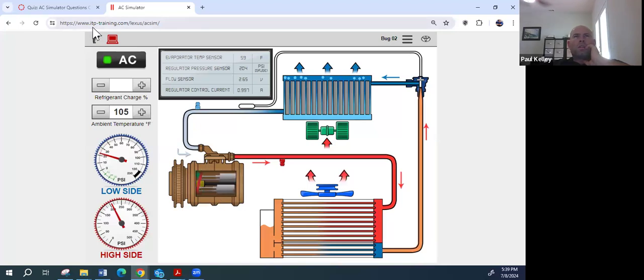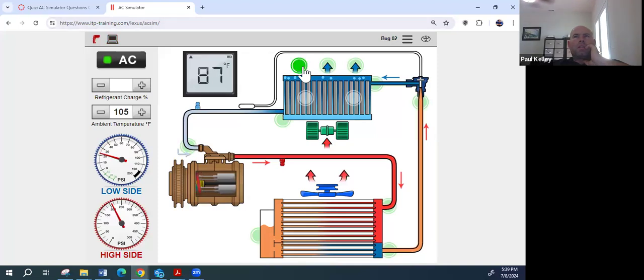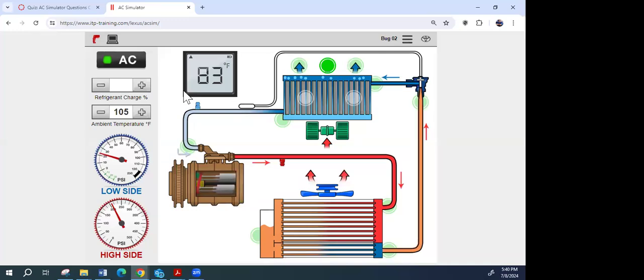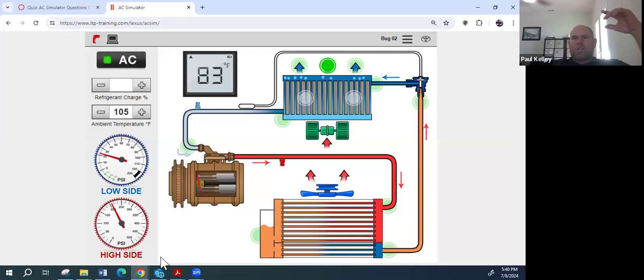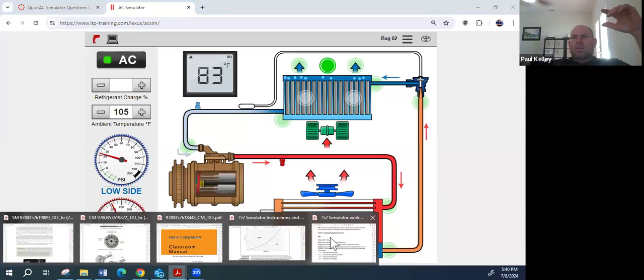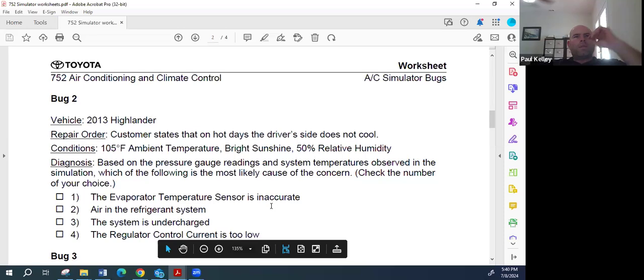Compressor runs. Performance test. Yeah, but it's blowing crap. That's not very cool, right? Is 83 degrees ambient though? No. Correct. So the customer's concern, if you were to look at the worksheets, would be probably slightly different.